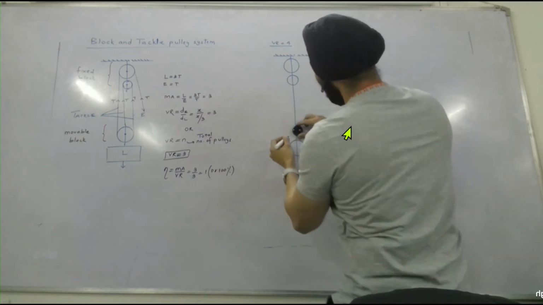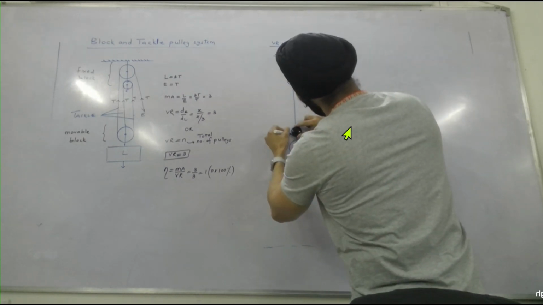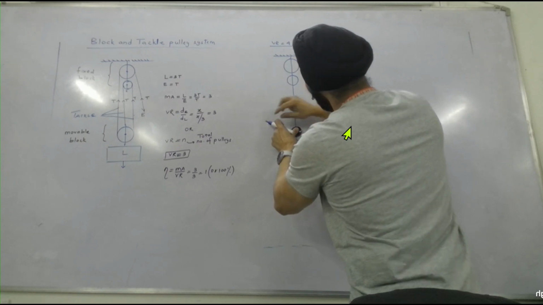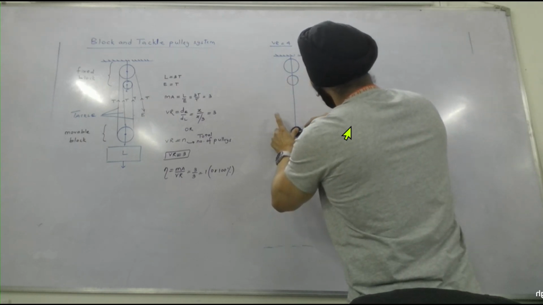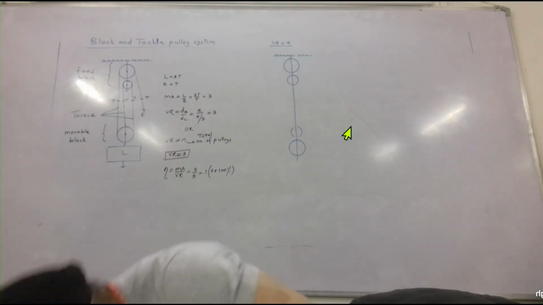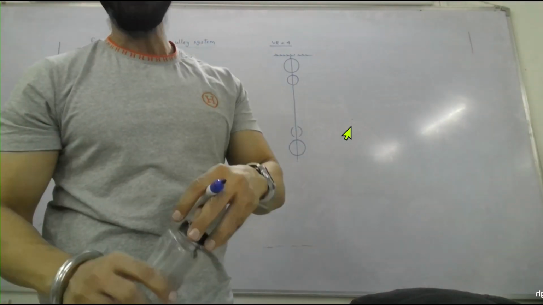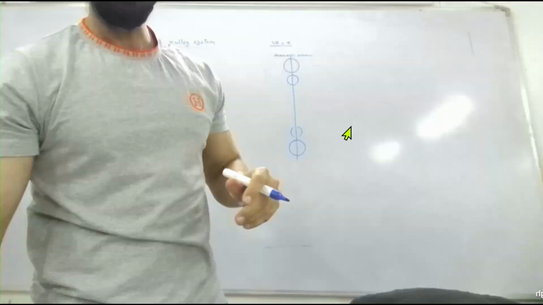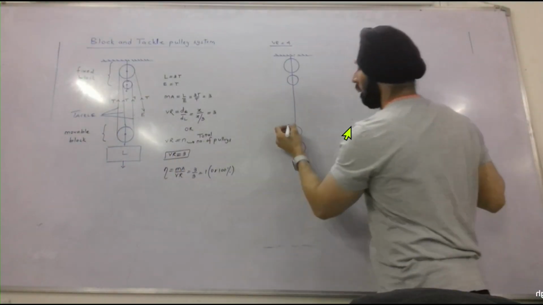Same size. Purposely I'm using this just to check the size, nothing else. Any doubt please? Is it understood how to draw the size of the pulleys?